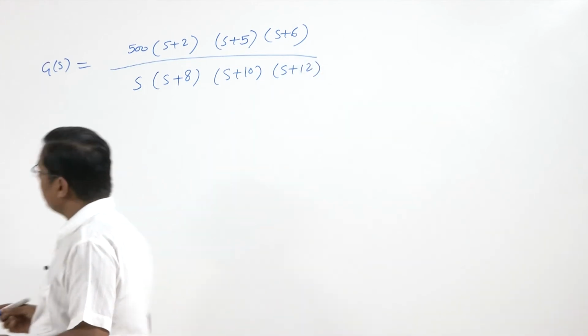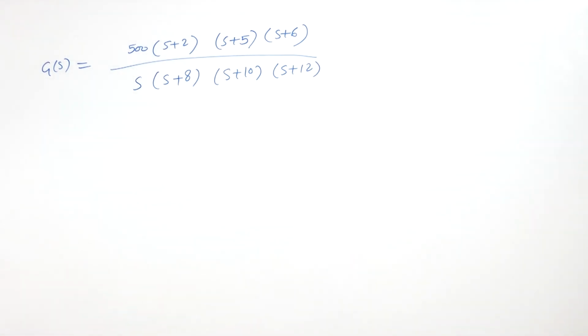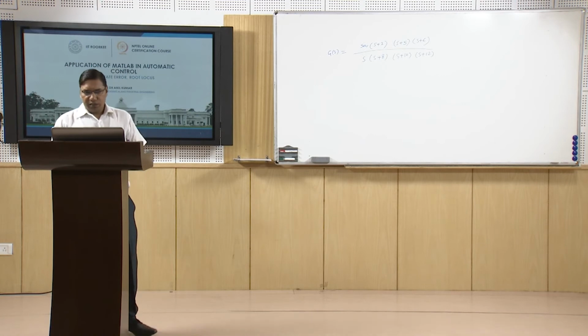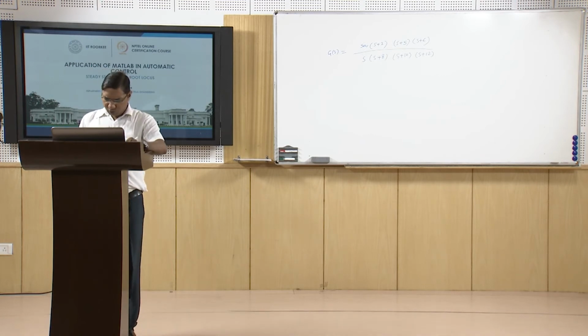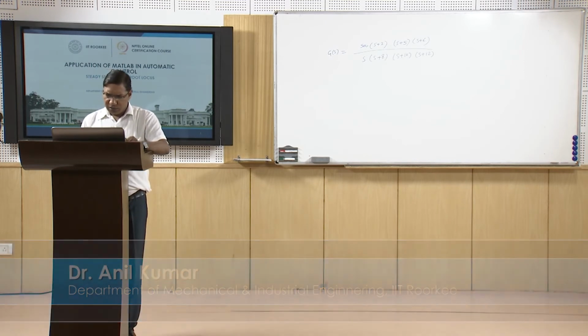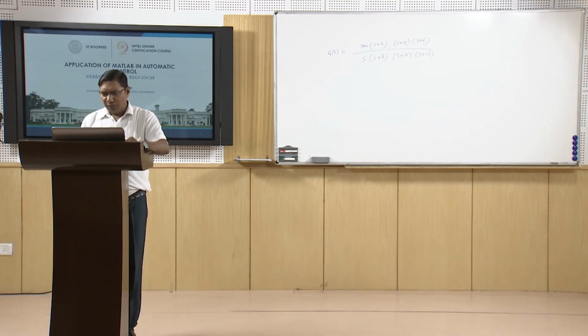So this is the G(s) of the unity feedback system, and we have to find the static error constants and steady state error for step, ramp and parabolic inputs. So we know that this system is a type 1 system.